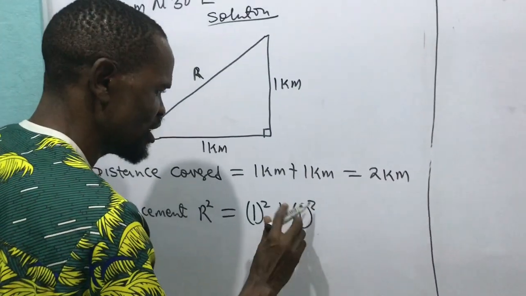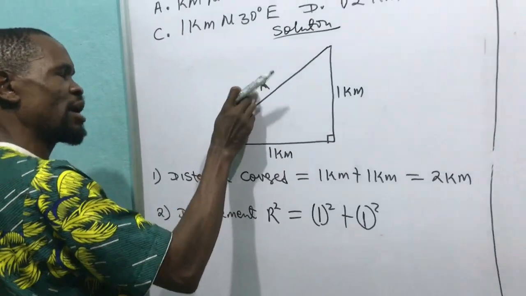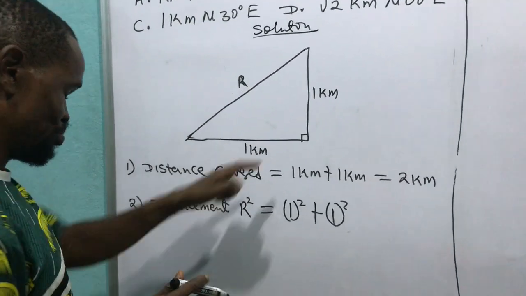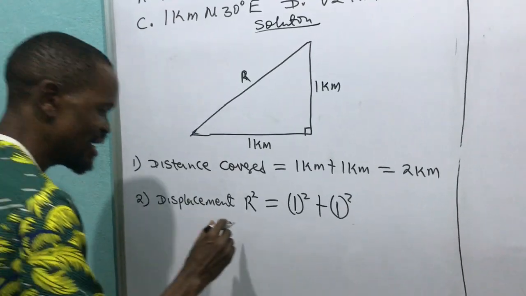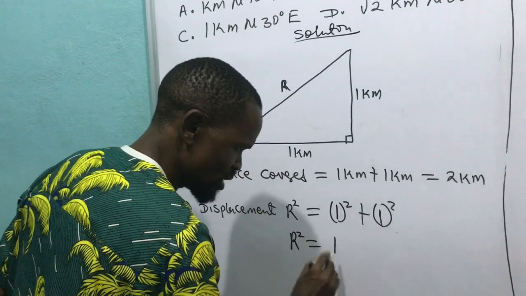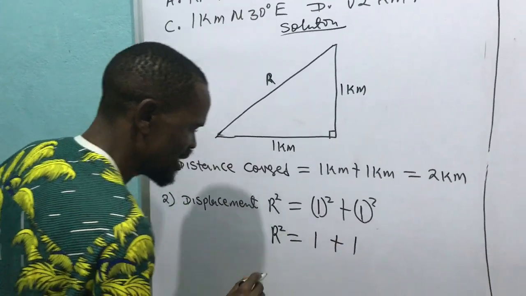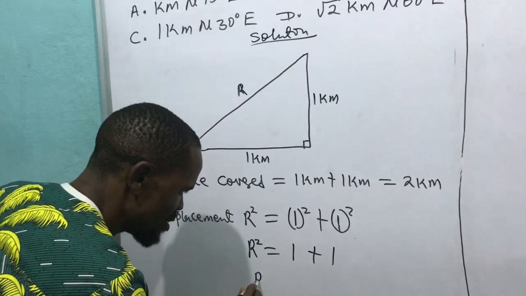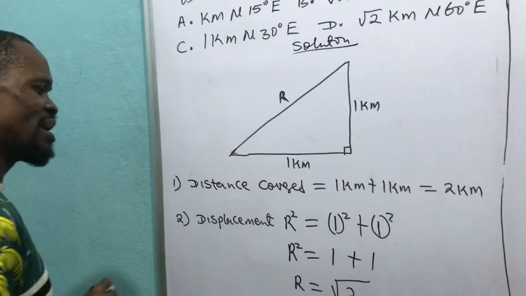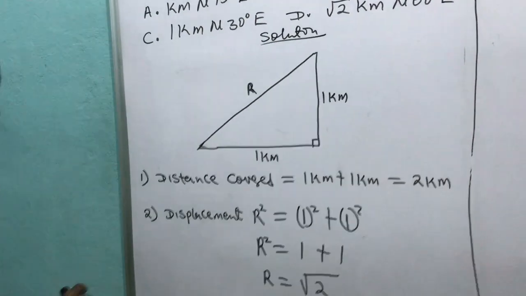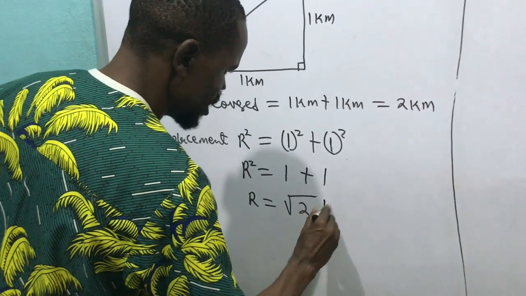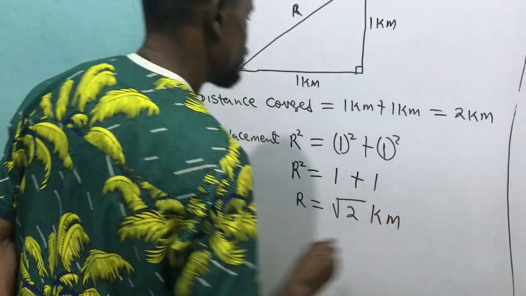Or I just put hypotenuse squared is equal to adjacent squared plus opposite squared. This gives me R squared is equal to 1 plus 1, and R is equal to the square root of 2. The resultant, which we call displacement, is root 2 kilometers.